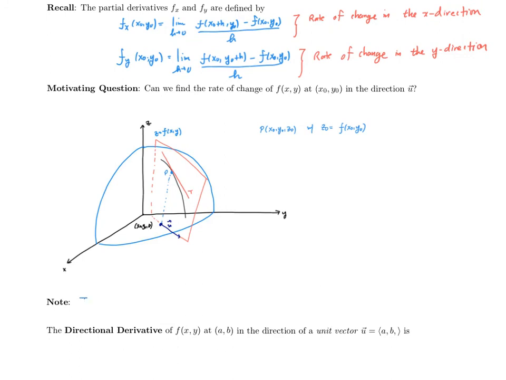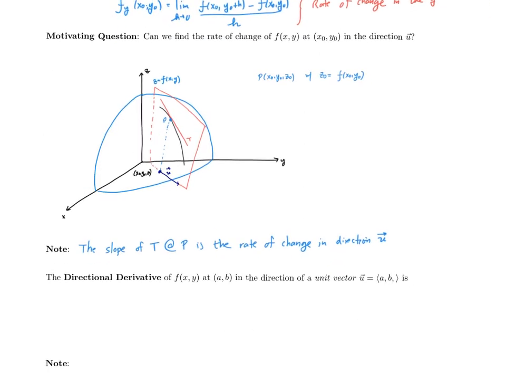So the slope of this tangent line at P is the rate of change of our function in the u direction. Which is a directional derivative.